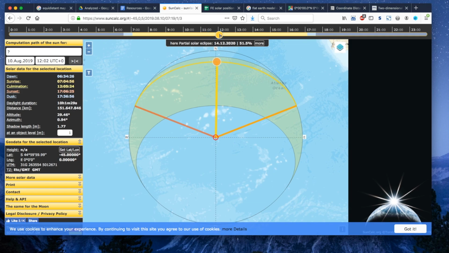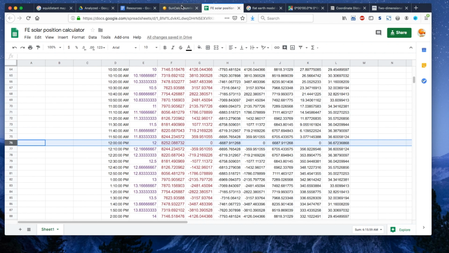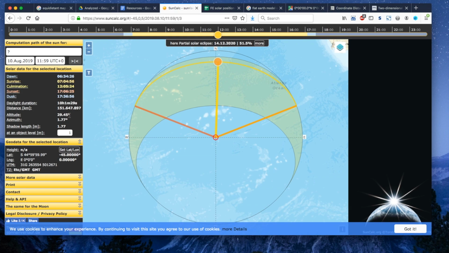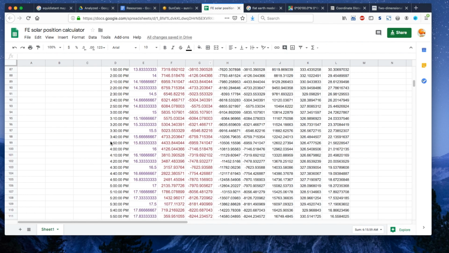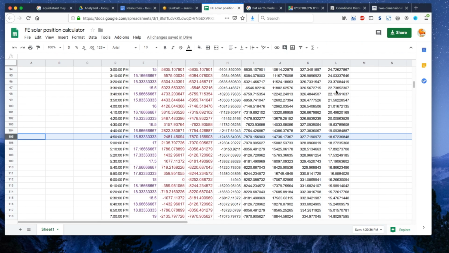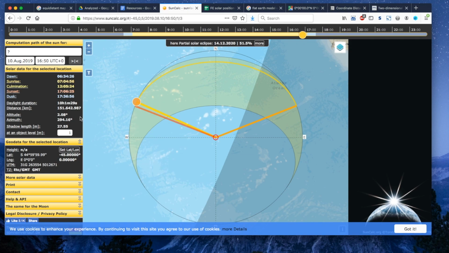Local solar noon: 36, 0, 29 and 1. 450: 18.6 and 327, 2 and 294. So that's what I've come up with.